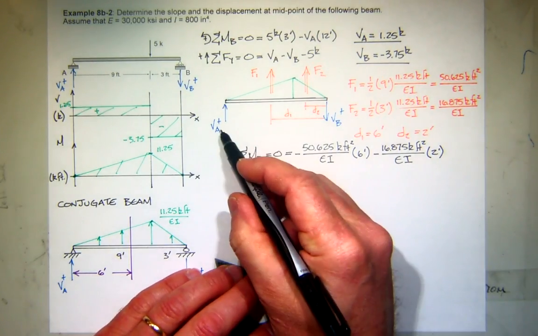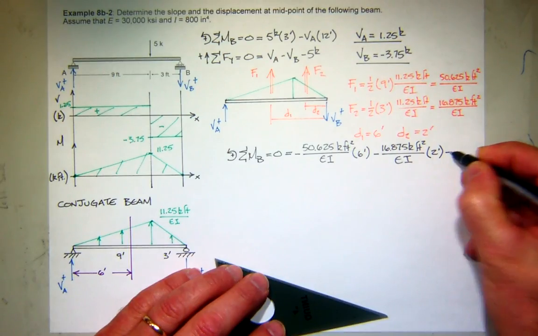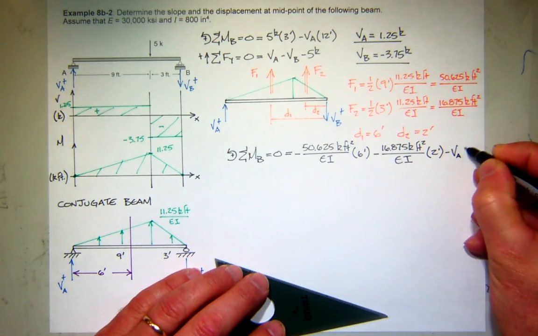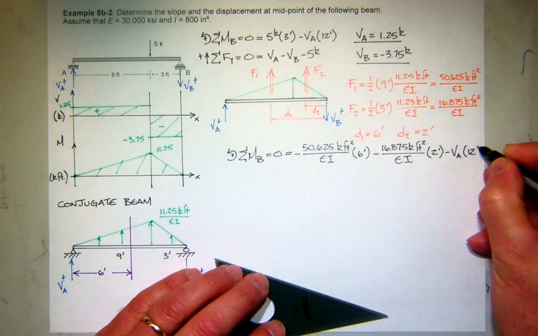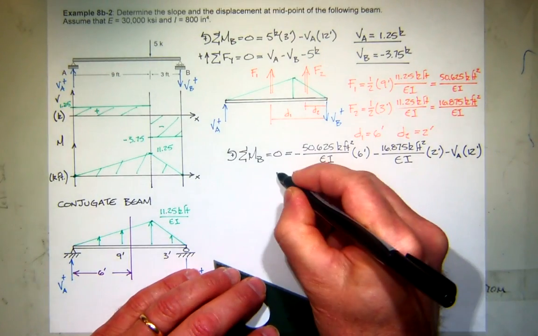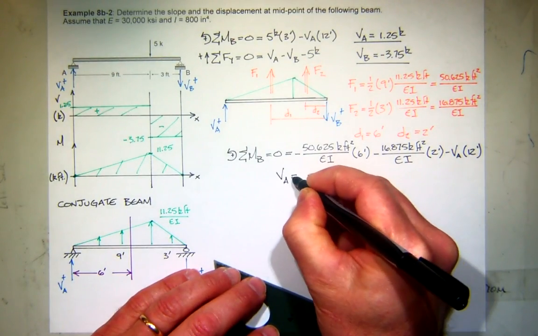And then I have my shear, which is also a negative moment about B, and it has a moment arm of 12 feet. So all that just to get the shear at A.